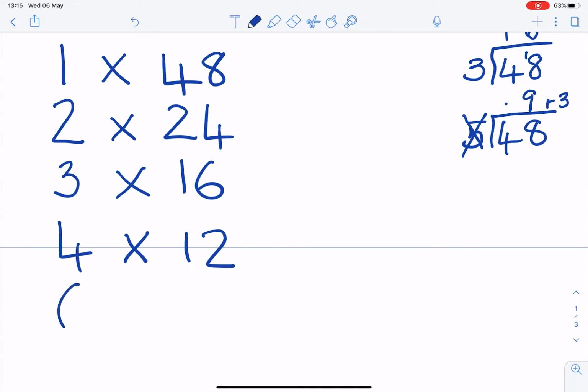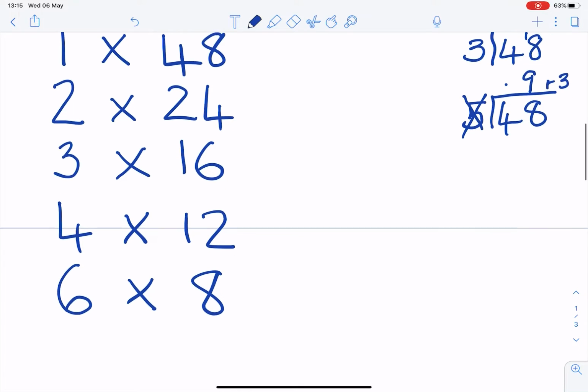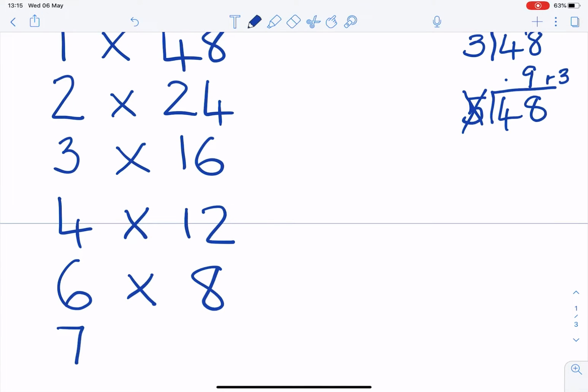What about 6? 6 into 48? Well, I know, and I'm sure you do too, that 6 times 8 is 48. Let's try 7. 7 into 48? Let's count in 7s. 7, 14, 21, 28, 35, 42, 49. No, 7 does not fit.